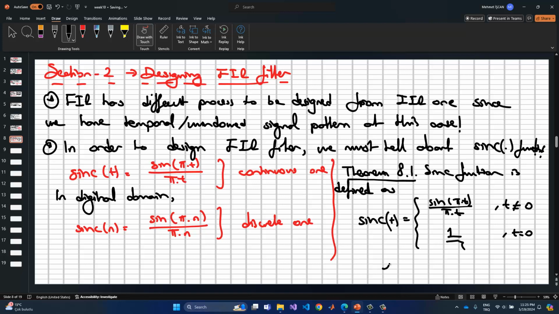And so we can create this kind of signal here. This is a rectangular pattern in the real plane. So this is our theorem.